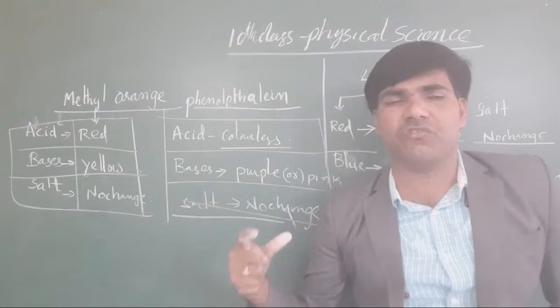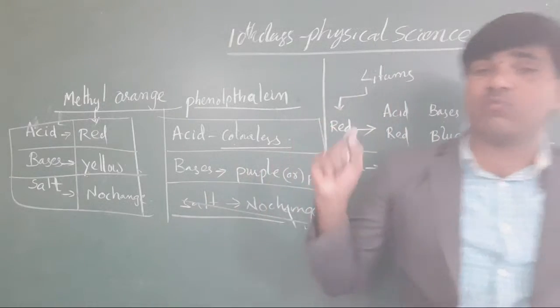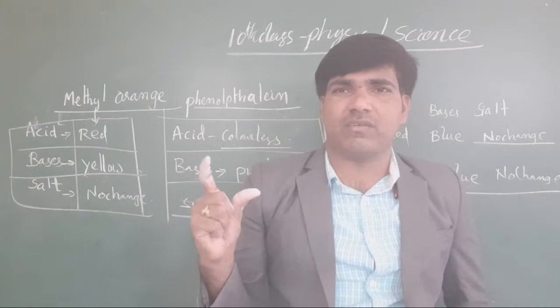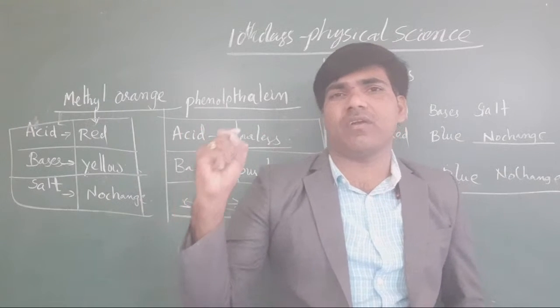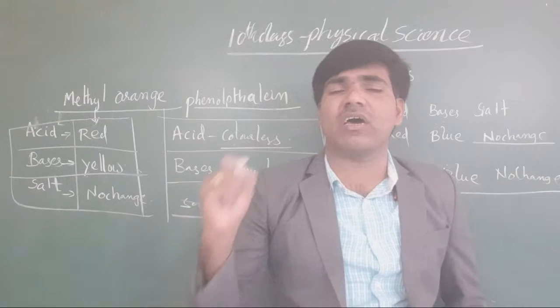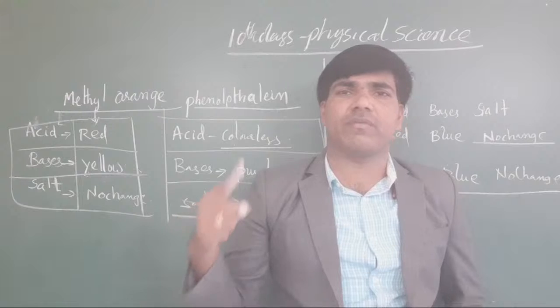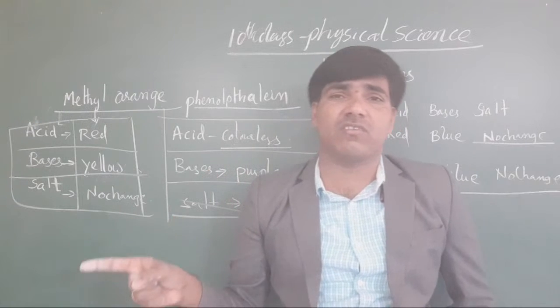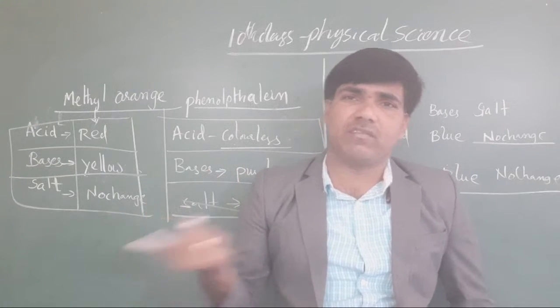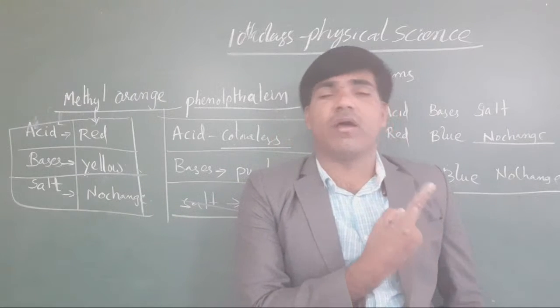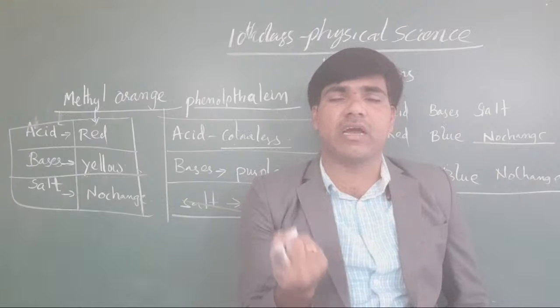I hope you understood now what is an acid and what is a base, how to define an acid and how to define a base. Acids are chemical substances which taste sour and give a burning sensation on touch. They convert blue litmus into red color.